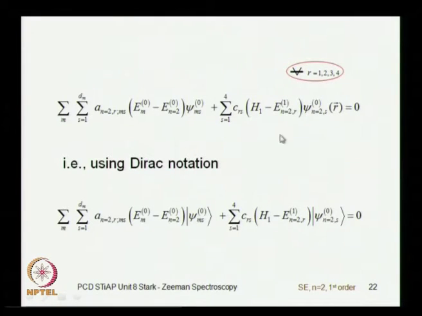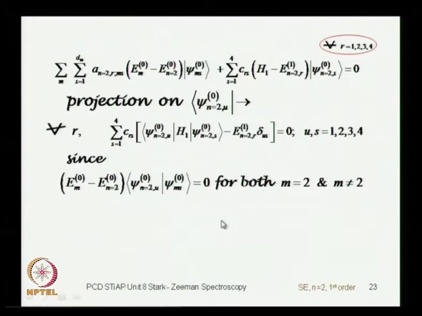So, it is easier to look at this using the Dirac notation. So, this same expression has been rewritten here in the Dirac notation, and having written it in the Dirac notation over here, I take the projection for one of the 4 degenerate states of n equal to 2, any one, it does not matter which.